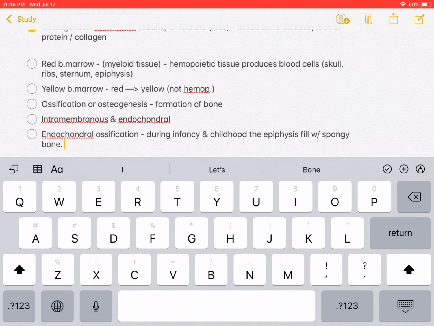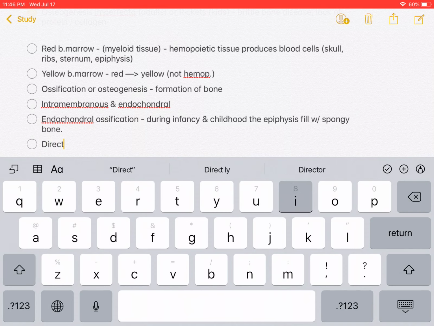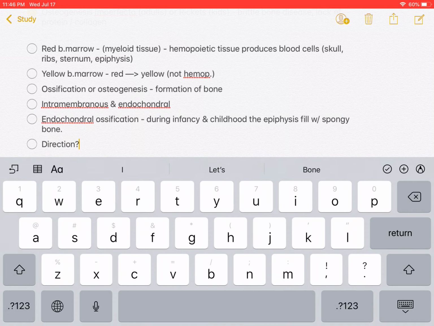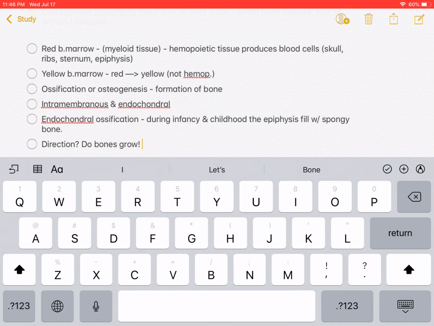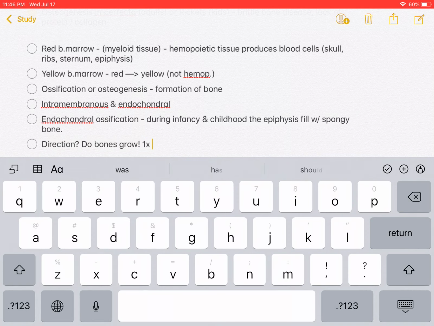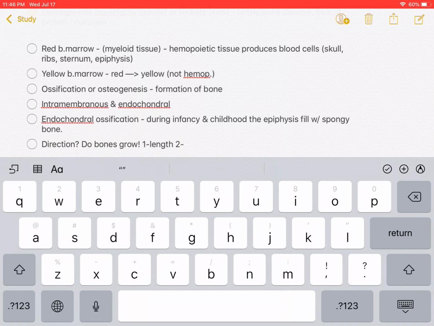Now, we need to know something very easy, and it's in what direction do bones grow? Very simple. Number 1, they grow in length. Number 2, they grow in width.